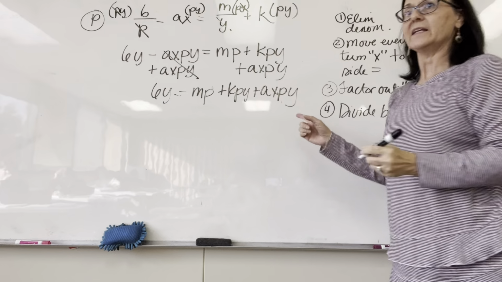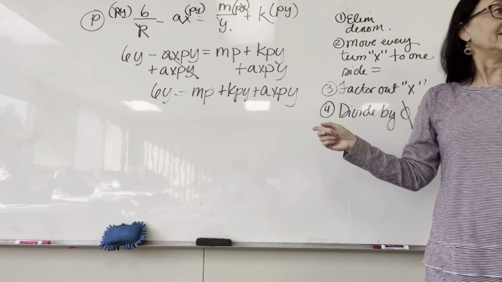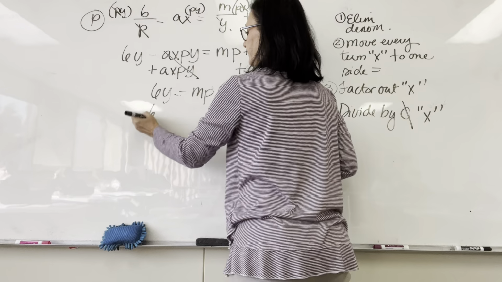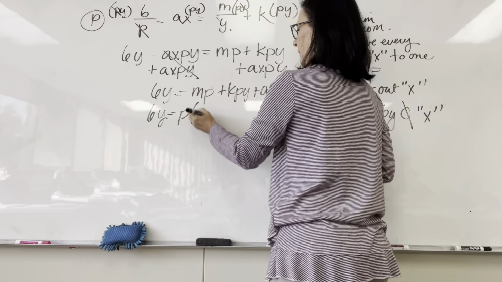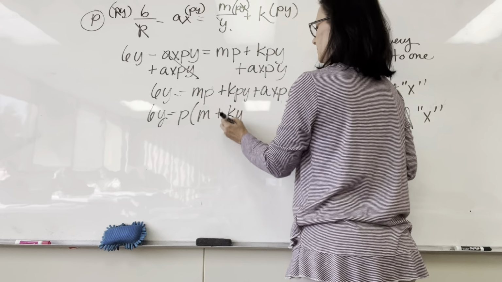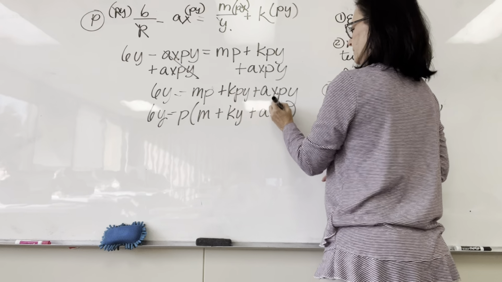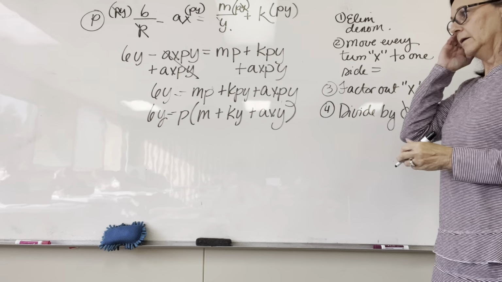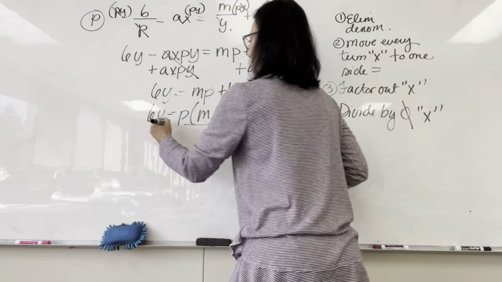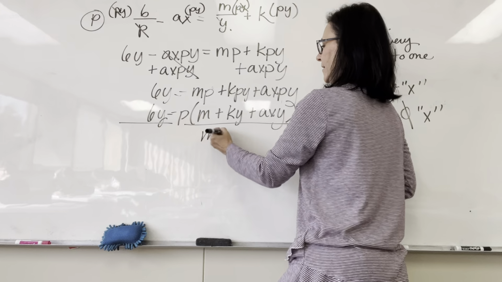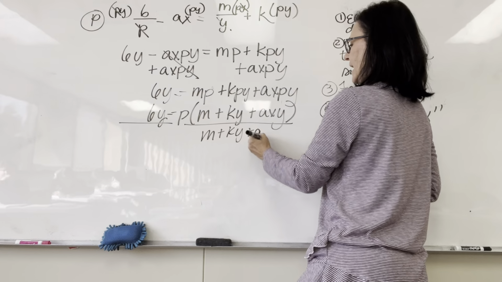Every term has a p in it, so I can factor out the p on the right-hand side. And divide both sides by this trinomial, m plus ky plus axy.